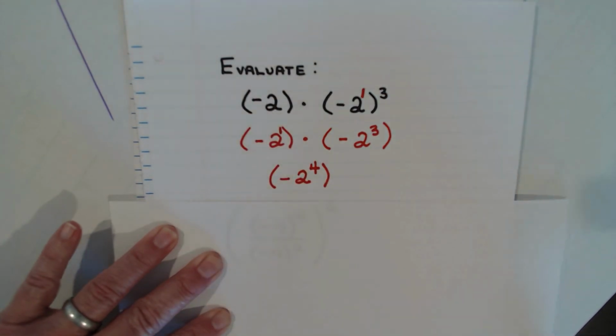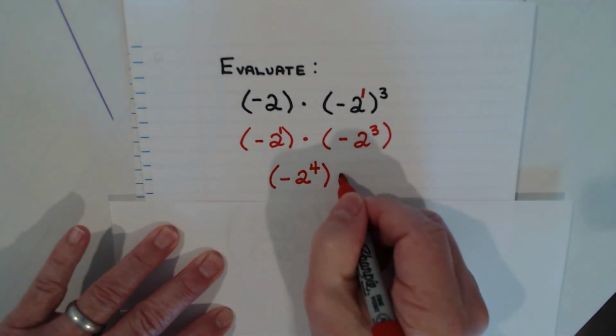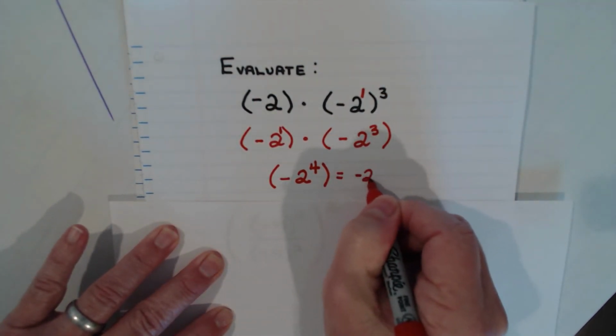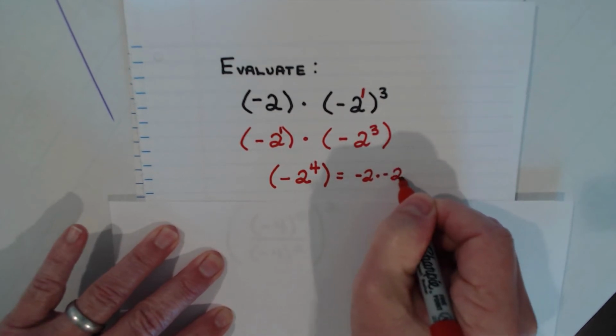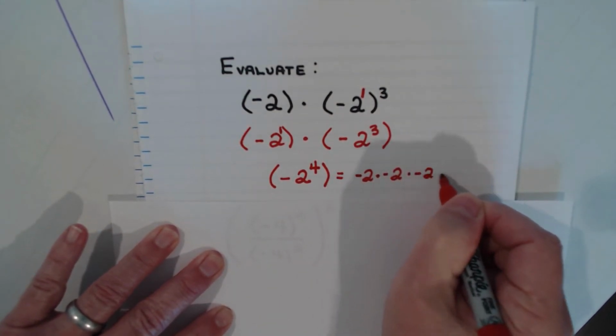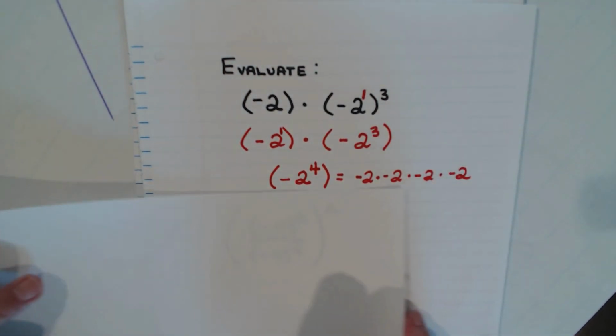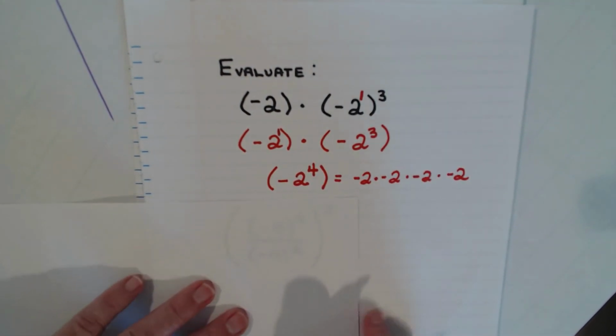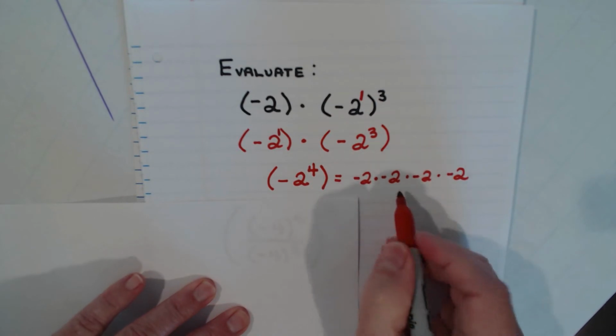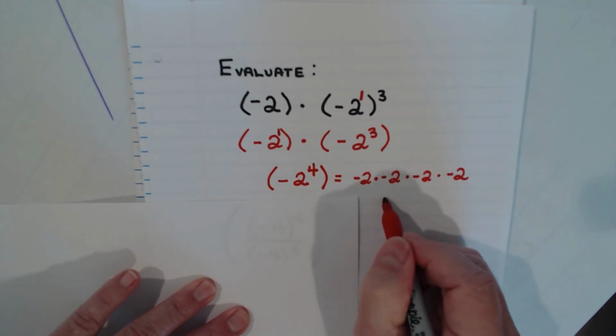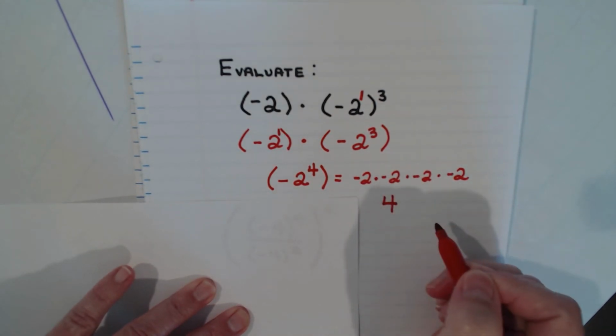Now, like it says evaluate. That means I need to take -2 times -2 times -2 times -2. Work that all the way out. -2 times -2, negative times a negative is a positive, +4.